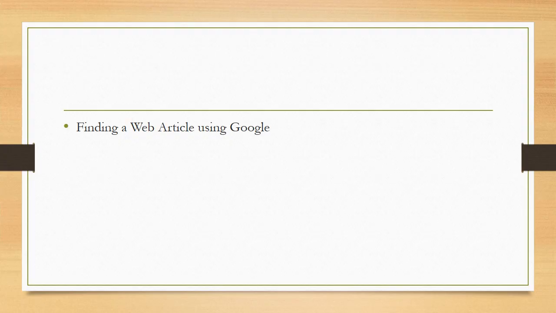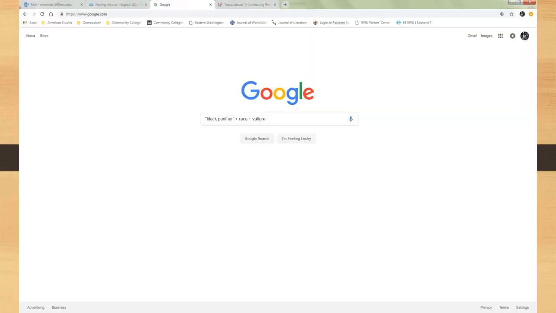So if I want to find stuff from the types of journals that I'm writing my paper in that genre, then I'm going to use regular Google and find one more source. Again, you don't have to do this. You can get all your sources from the library or all your sources from Google Scholar or any mixture of the three of these. But I just want to show you three different examples so that you can choose how to proceed with your own research.